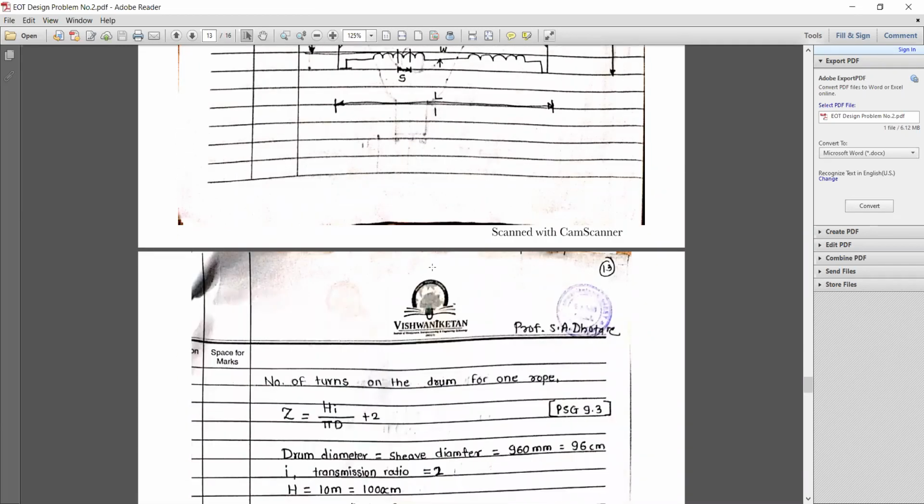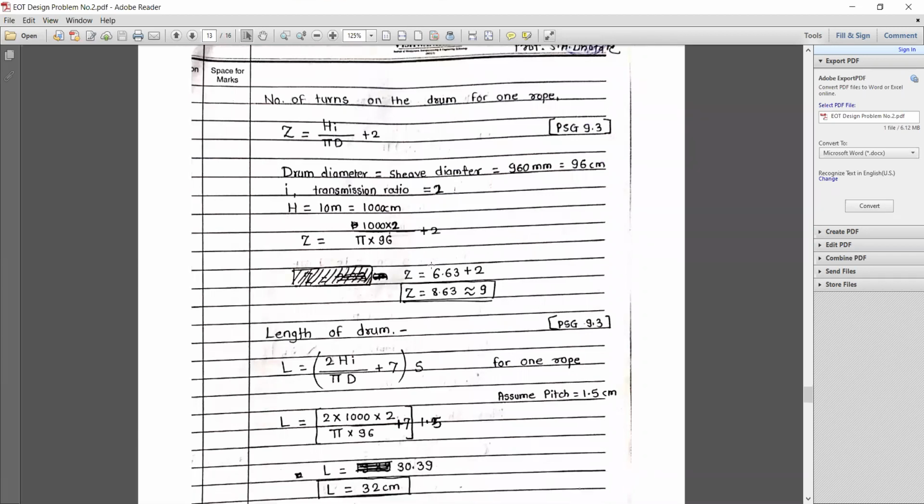Next, the first condition, referring page number 9.3, number of turns on the drum for one rope, that is z is equal to Hi divided by pi D plus 2. So drum diameter is equal to sheave diameter, which we have considered, that is 960 mm or 96 centimeter. Transmission ratio I is 2.